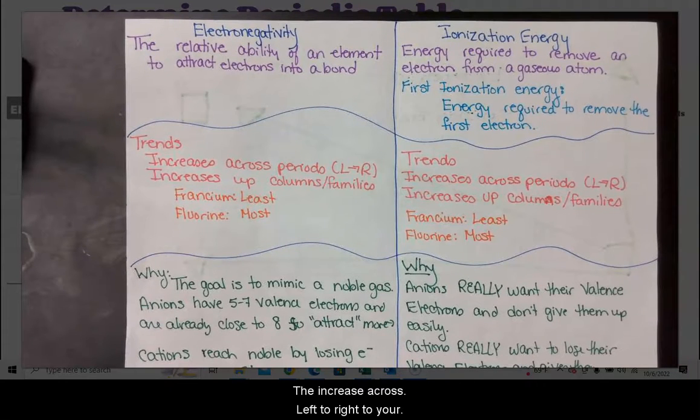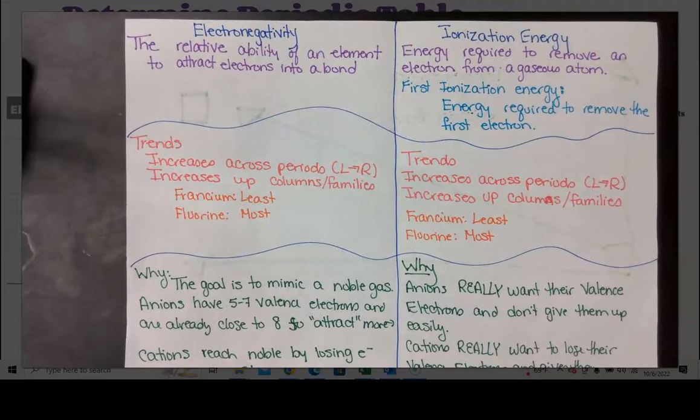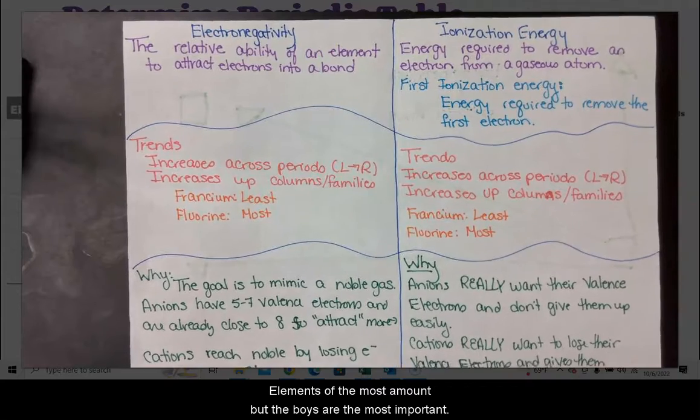They increase across periods left to right, so your alkali metals are the least, and your halogens are your most. And then they actually increase up columns, with the elements at the bottom of the columns having the least, and the elements at the top of your columns having the most. But the whys are the most important.